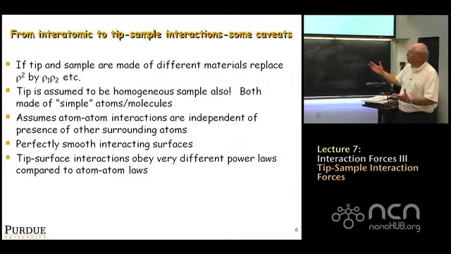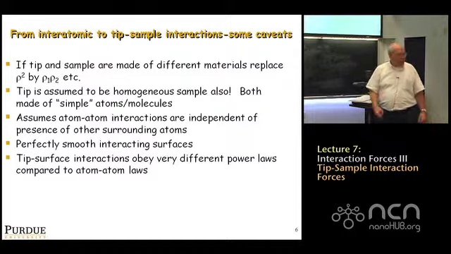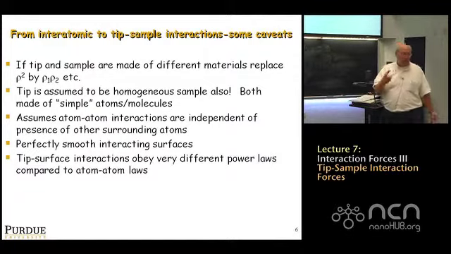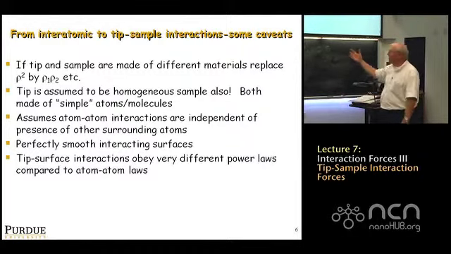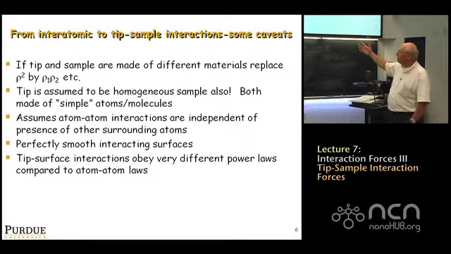We've assumed these perfectly smooth interacting surfaces so we can do the integration analytically. Again, surfaces at the atomic length scale have atomic corrugations, right? So you cannot approximate a sphere by the standard formulas for spheres. There could be corrugations that our integration does not take into account, okay?